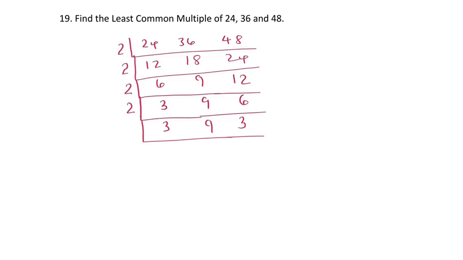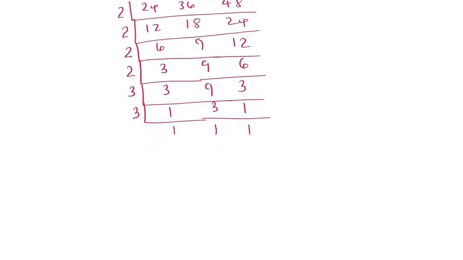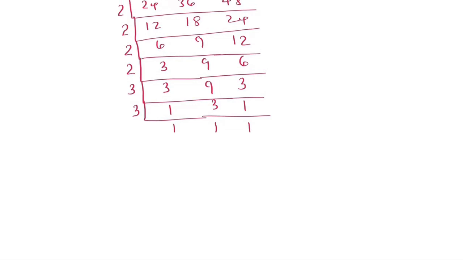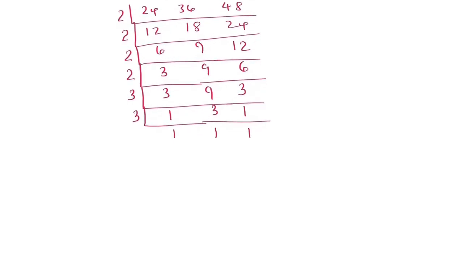Okay, so our next number is going to be 3. Dividing here, we are having 1. Here is 3. And here is 1. And then next, we are going to have number 3 here. The value here is 1. And dividing here, we get 1. And here is 1. Okay, so next, to find the least common multiple, we are going to take these numbers and find the product of all these factors.